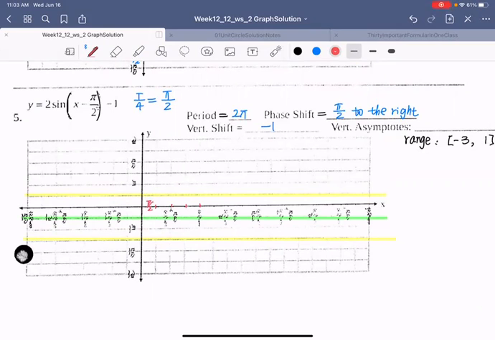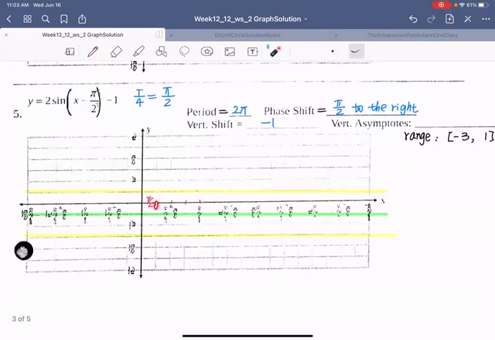Okay. So when x is at pi over 2, what's my position? Y equals -1. It's over here. Very good. Next. And then at pi, y would be 1. Okay, and then at 3 pi over 2, y would be -1, and then it would be -3. So it's going to go up, go down, go up, go down, okay? Yeah.